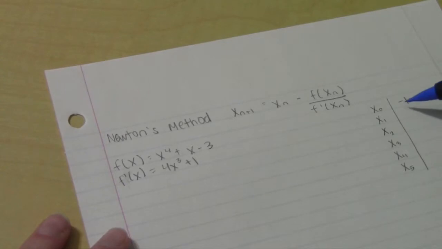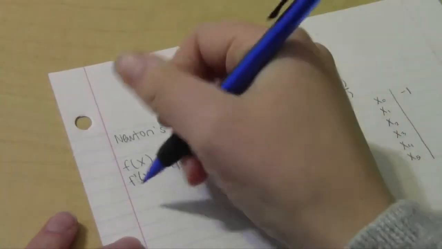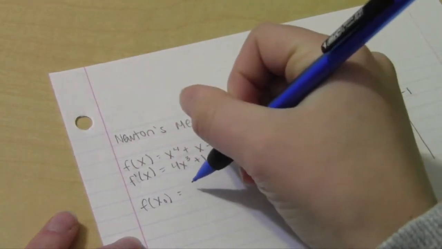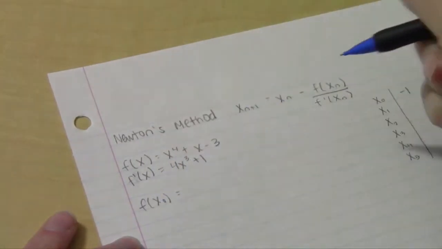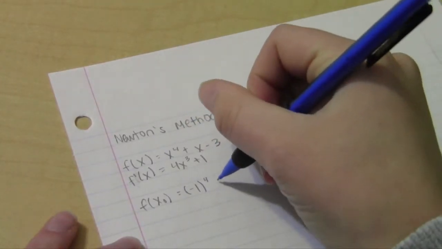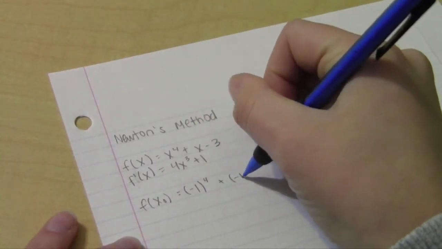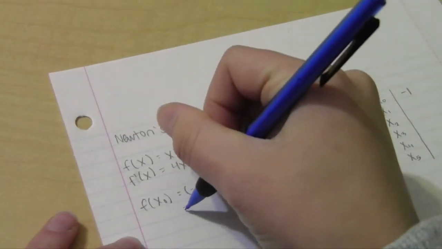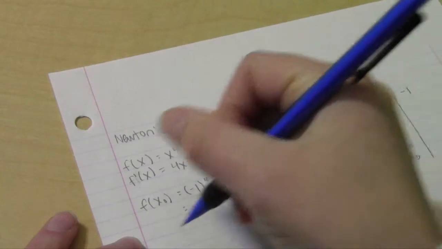Alright, and now I can substitute my x sub naught value into those two equations, which is our -1. So it's -1 to the 4th. That's going to give you a -3.